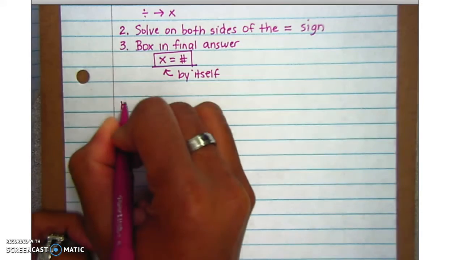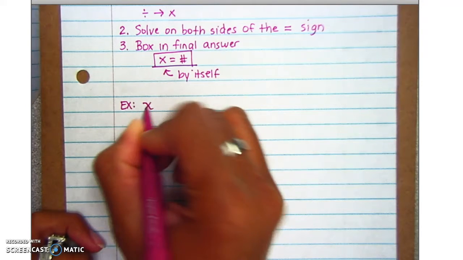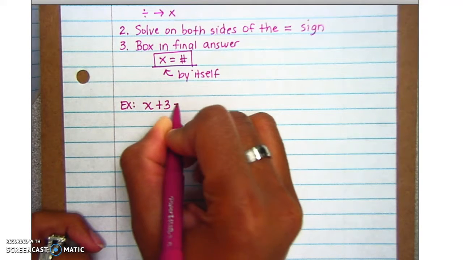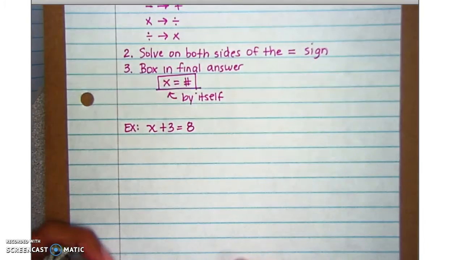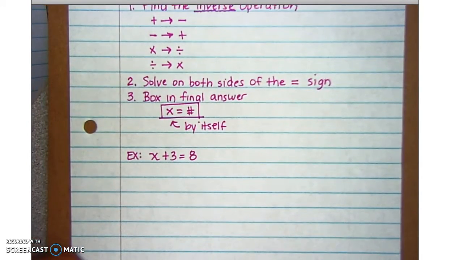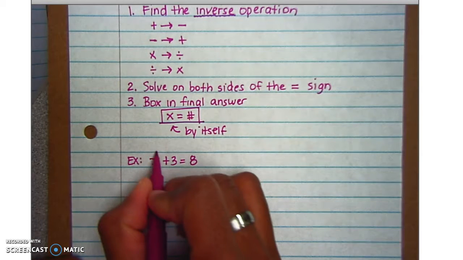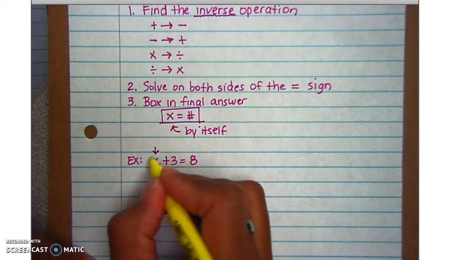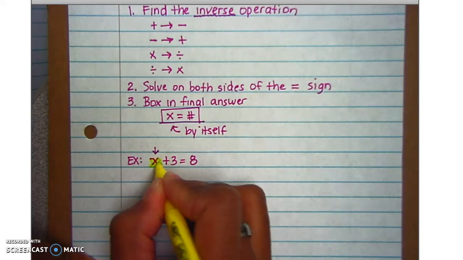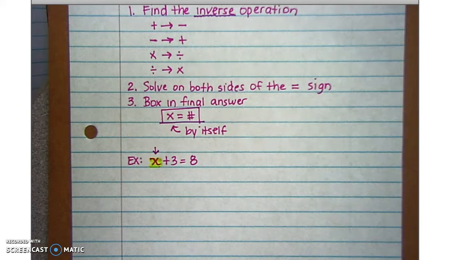So let's do an example, the one that we did up top. Our goal is to get the x by itself. Here's my x. If it were me and I was just learning this, I would take my highlighter and highlight what I want to get by itself.